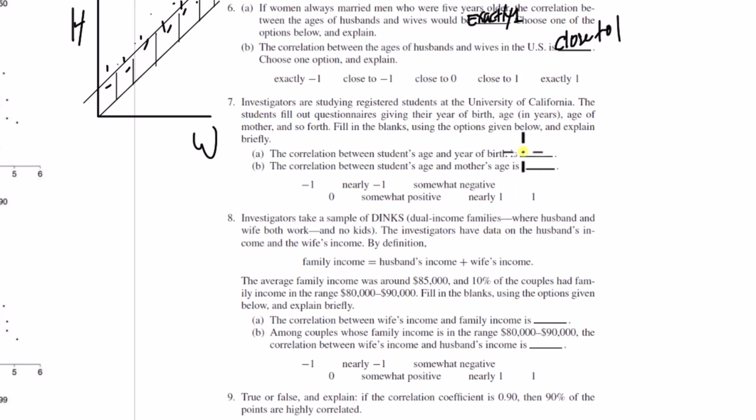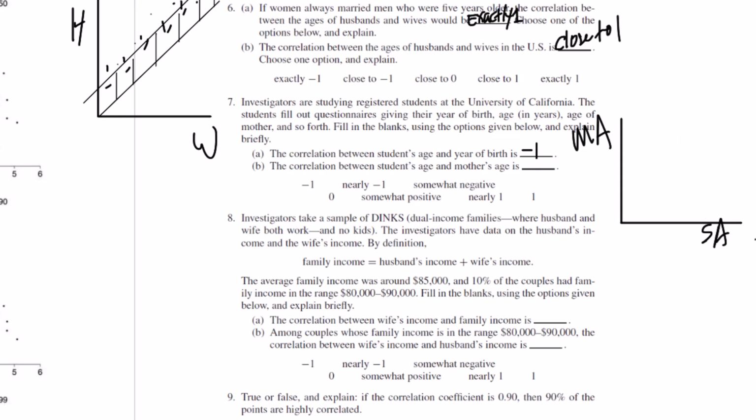So -1. The correlation between the student's age and mother's age is, okay, student's age and mother's age. This probably would actually be linear.